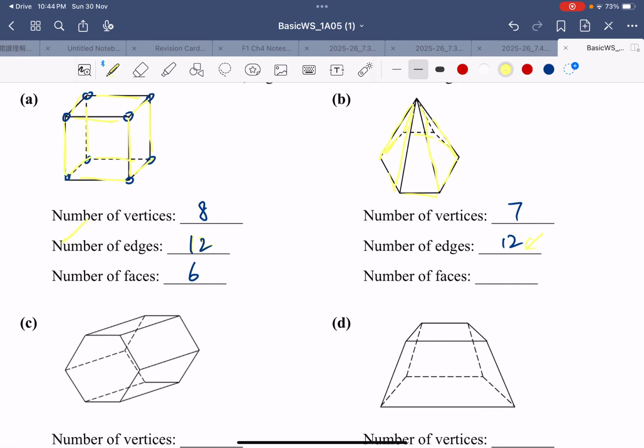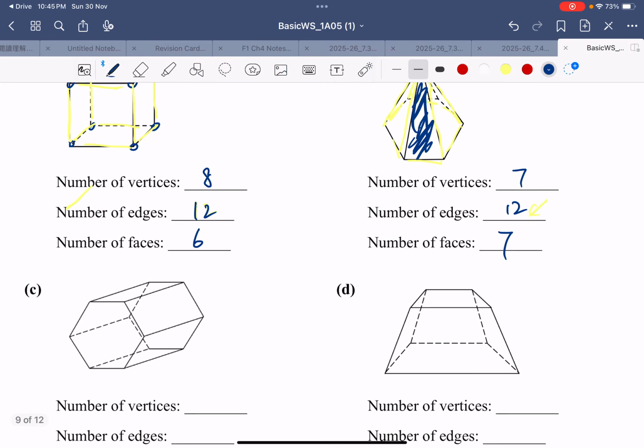And then faces should be 7. You can count it by yourself: 6 faces of triangle like this, and 1 bottom face.